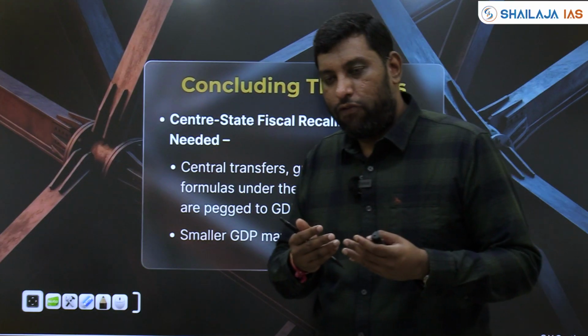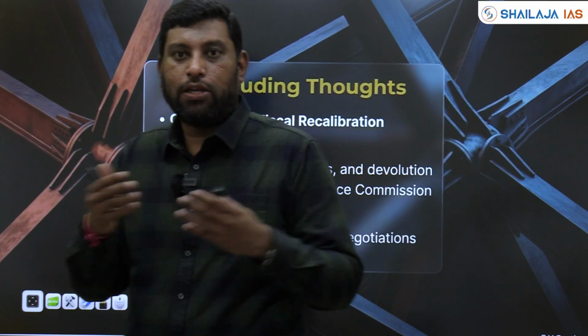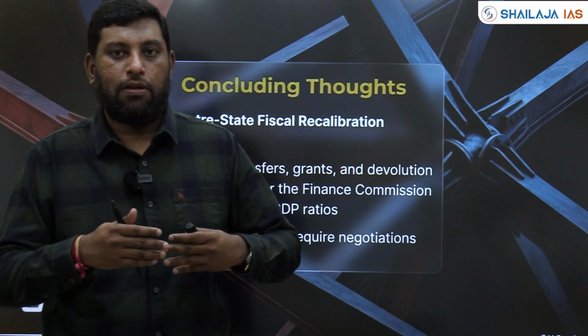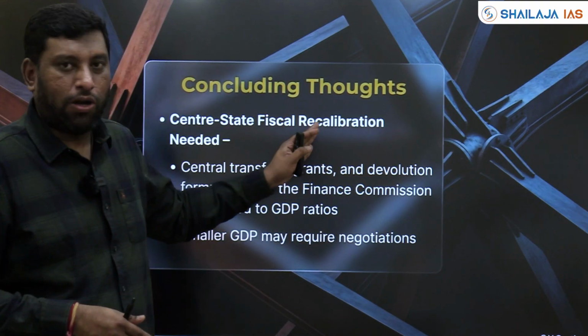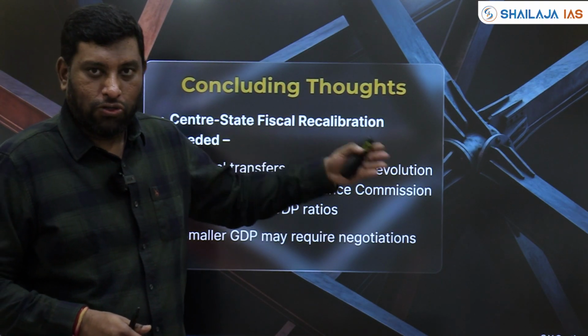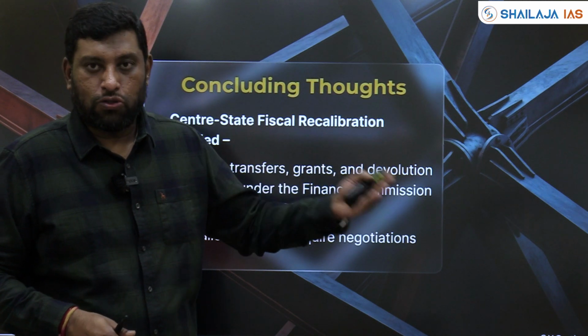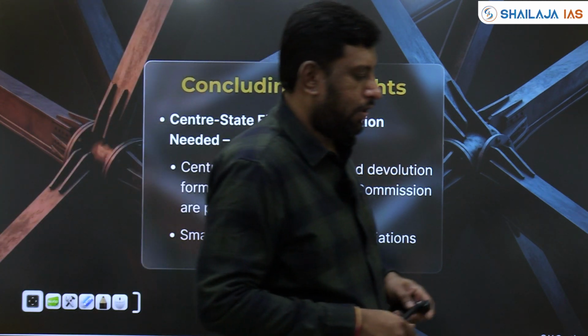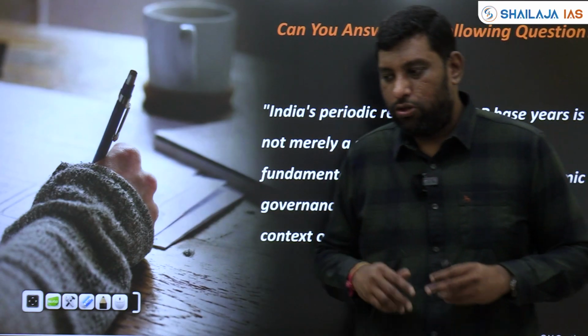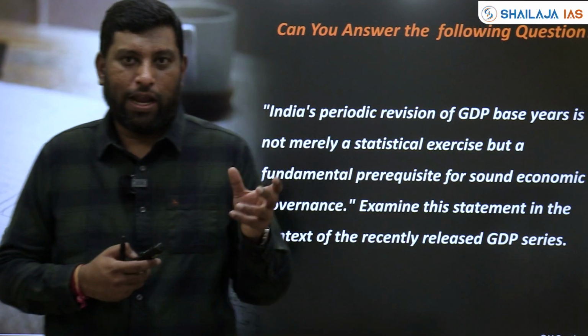So states now have to enter into a renegotiation in order to get better transfers from the central government. This is at a political level. They have to renegotiate the central transfers to the states, because all the central transfers are linked to your GDP ratios. So this is all about this particular issue. I hope you have got a fair idea of it.